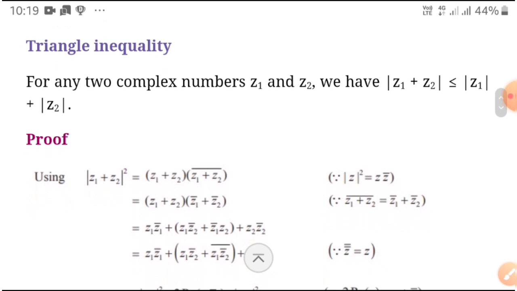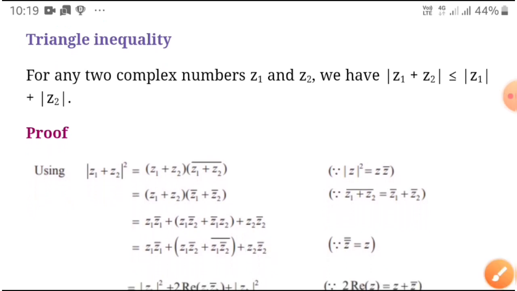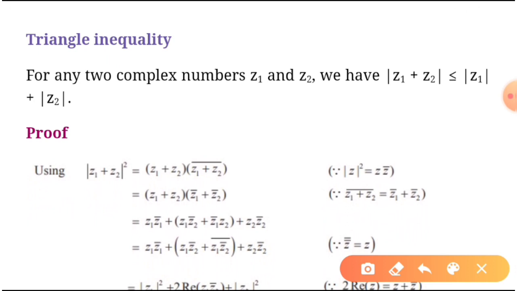For any two complex numbers z1 and z2, we have modulus of z1 plus z2 is less than or equal to modulus of z1 plus modulus of z2.